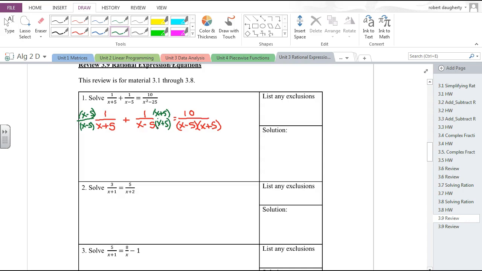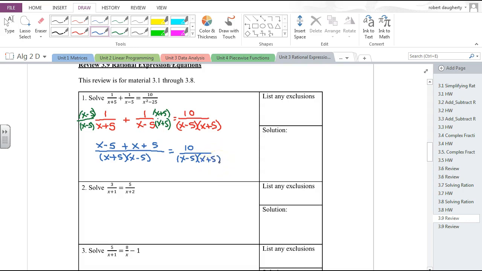So I will have x minus 5 plus x plus 5 over x minus 5, x plus 5 equal 10 over x minus 5, x plus 5.